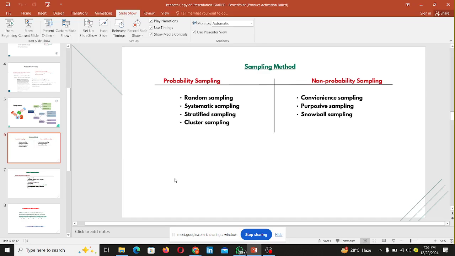But it also has its own advantage in the sense that most times it's more convenient. For instance, if you want to conduct research on peace, or maybe on terrorism.